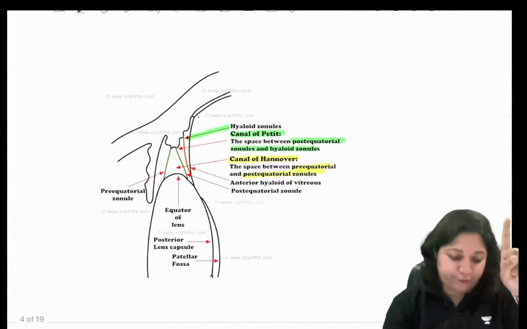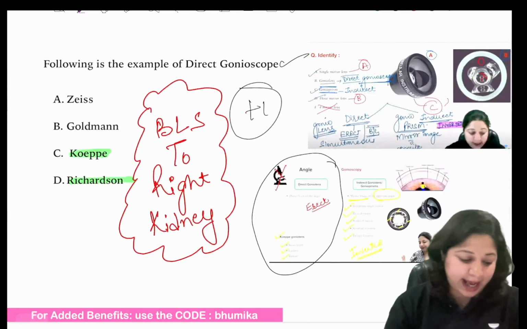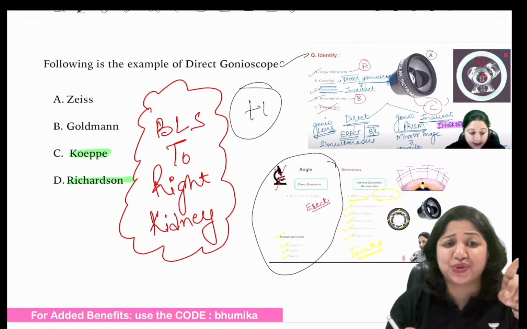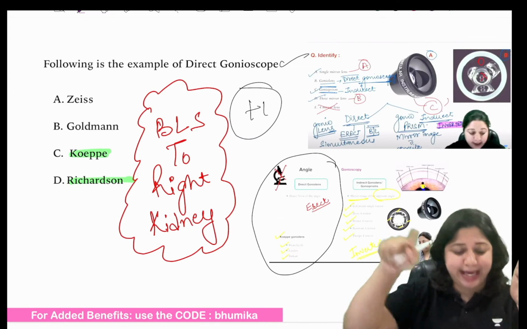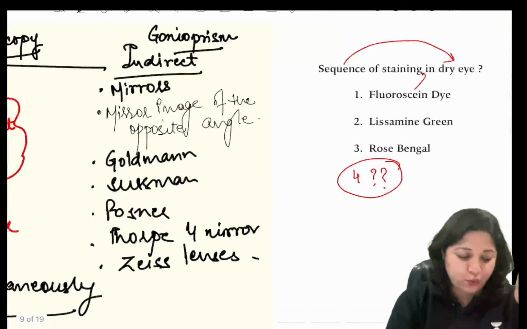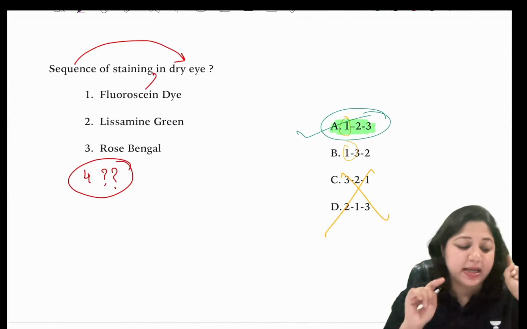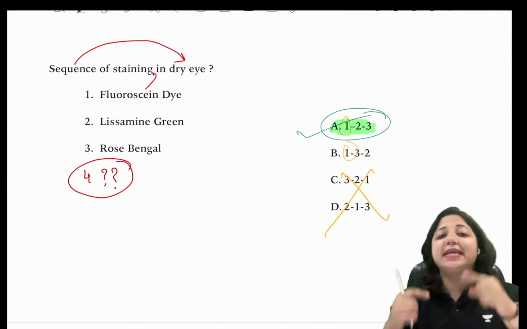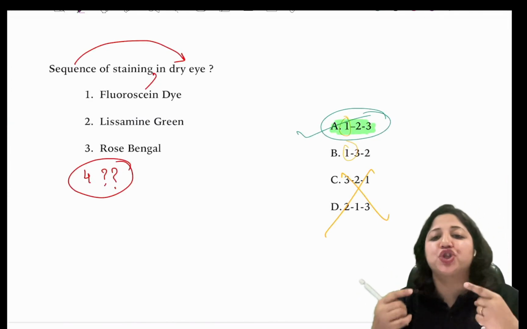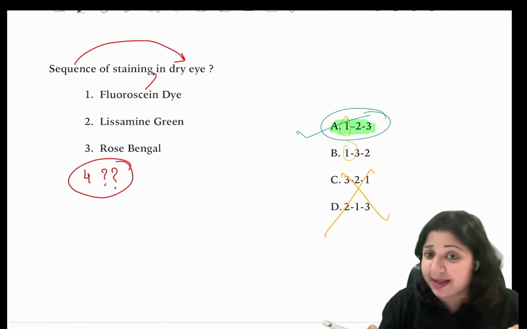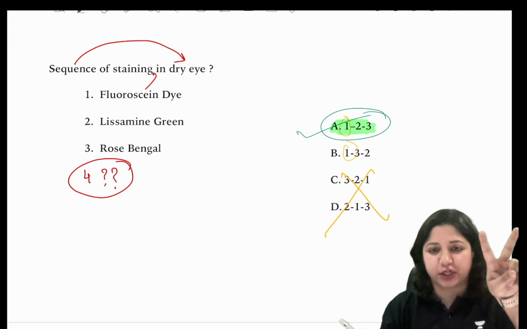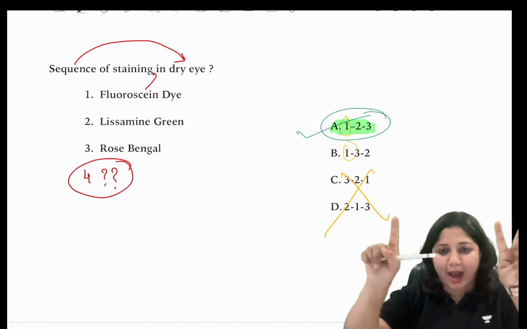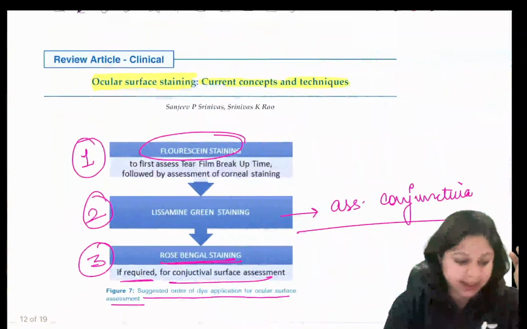The second that we have is this direct gonioscope, which is the direct question. So one is easy. Then we move on to sequence of staining, which I say is a little bit more of common sense, but okay, I will take it on this side saying difficult. So we have 2 difficult and 1 easy out of the 3 questions.